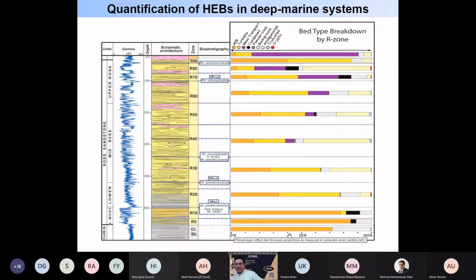There are cases where they are entirely dominated by hybrid event beds. Here orange represents hybrid beds, yellow is turbidity currents, and black and purplish are mudstone. You can see that systems are entirely dominated by hybrid event beds, and these systems are about 100 meters thick in our case in the Rosroe sandstone formation. So they are really important to consider while estimating budgets for carbon burial in the deep sea.